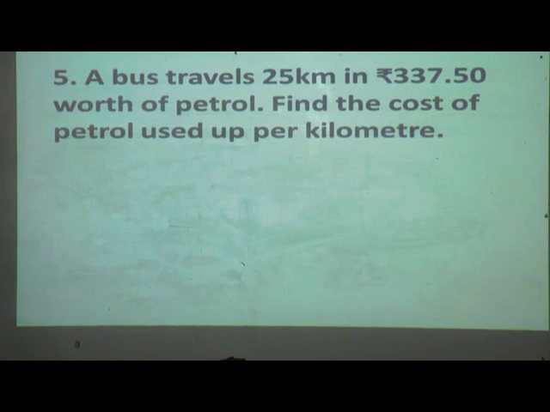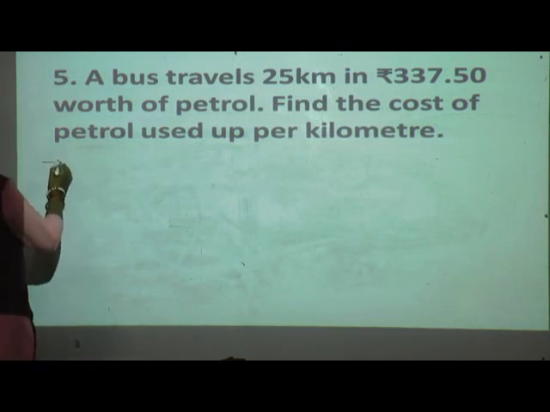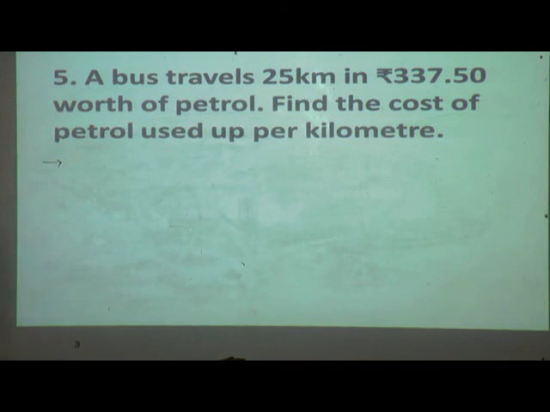Now see, they have given the information about the cost of petrol for 25 kilometers. Then we have to find the cost of petrol per kilometer. So what is the given information? See, I will explain orally. You are going to solve on your own.